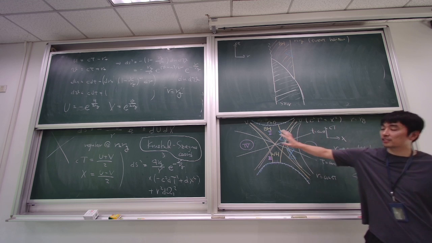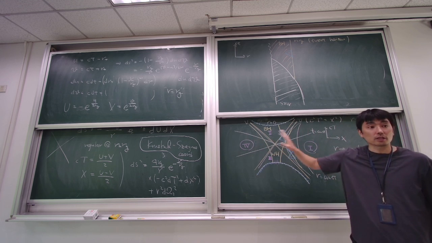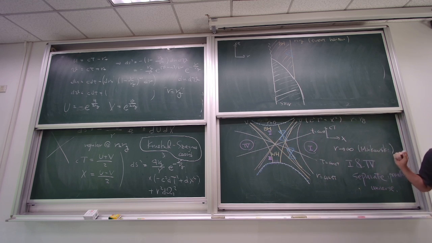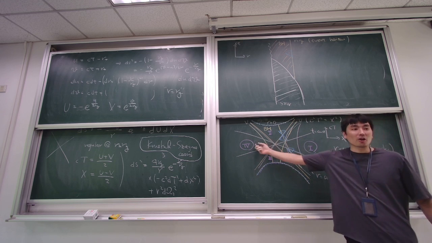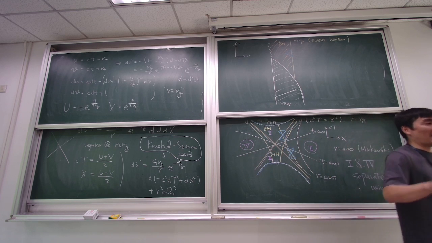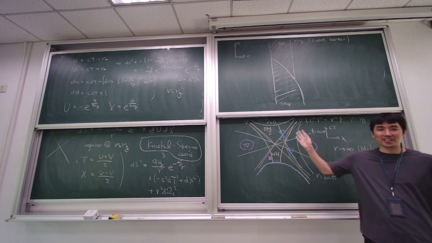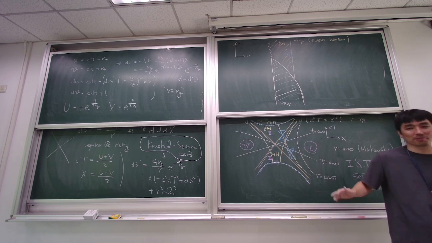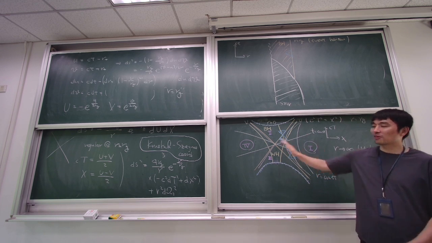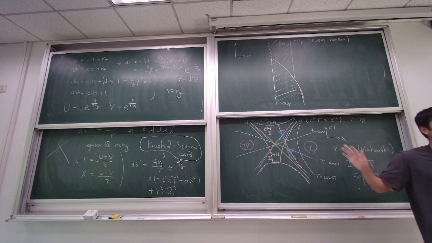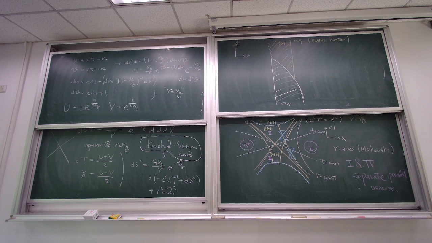It's causally disconnected, so there is no way to communicate between 1 and 4 unless you use some classical mechanics. There is a lot of work using entanglement entropy and so on, but I'm not going to go into detail on how people communicate between 1 and 4.